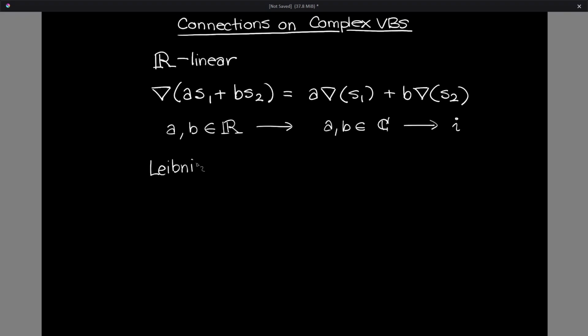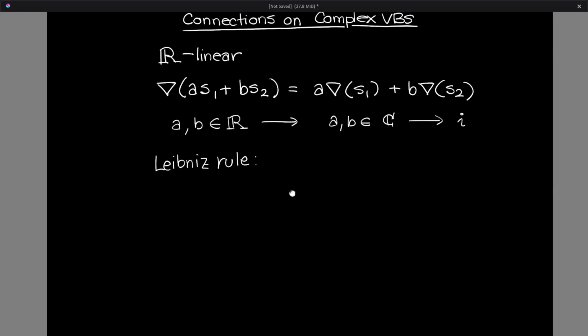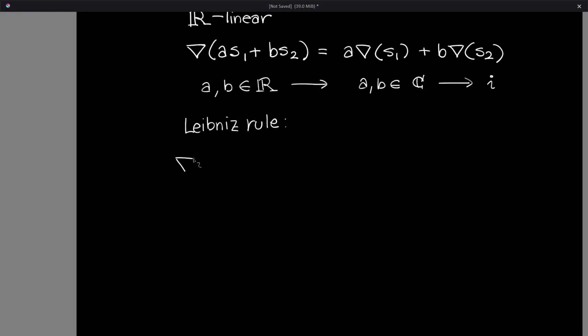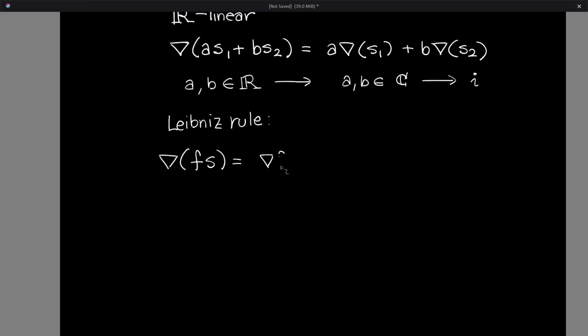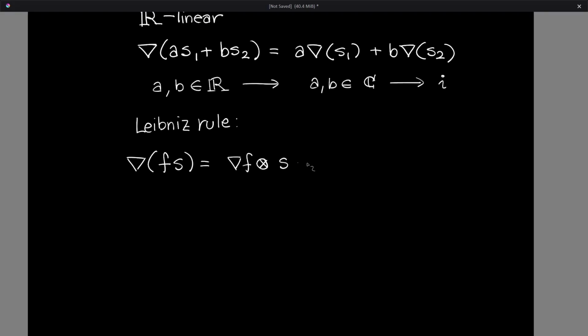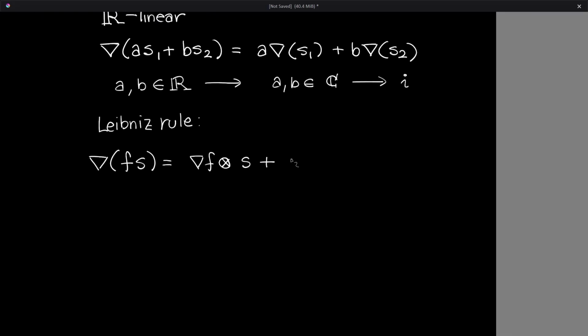And then we have the same Leibniz rule as what we had before, where nabla of fs is equal to nabla of f times s plus f nabla of s, right?